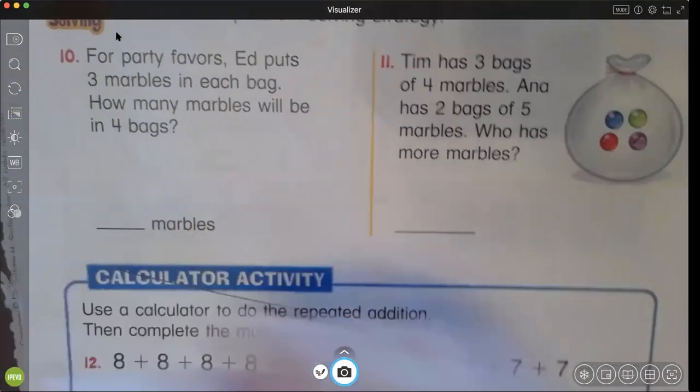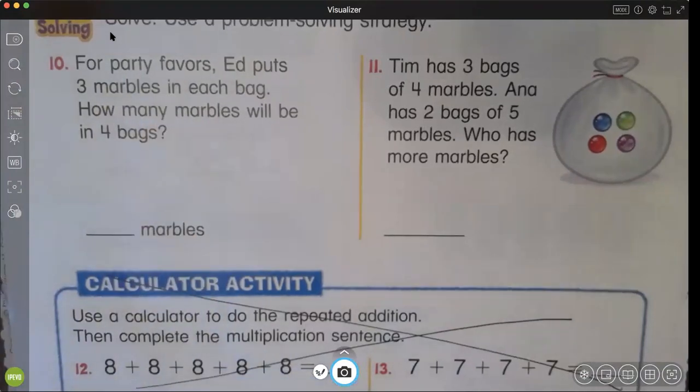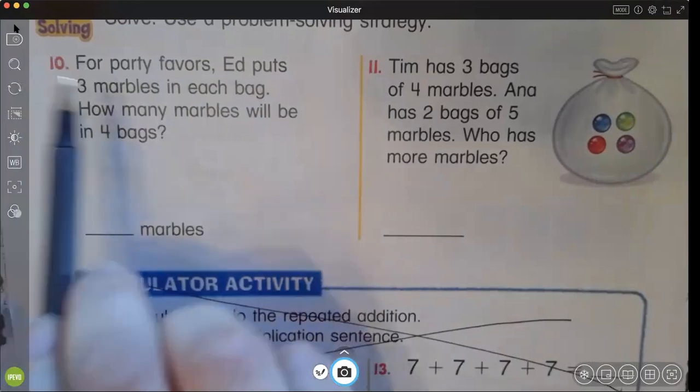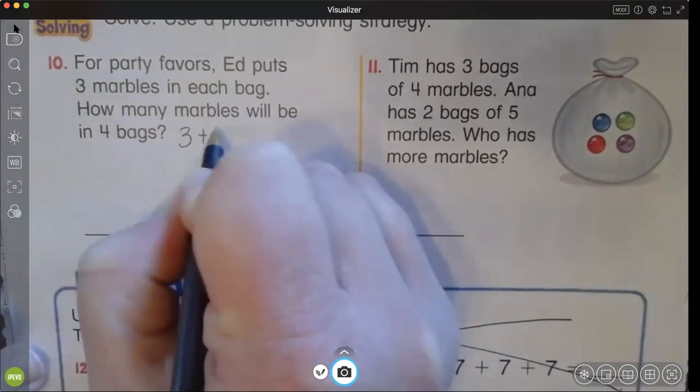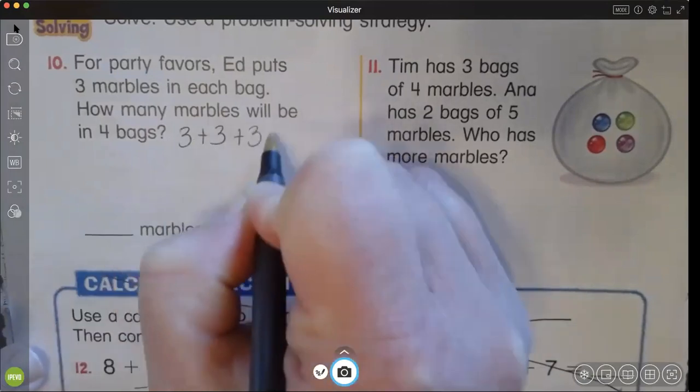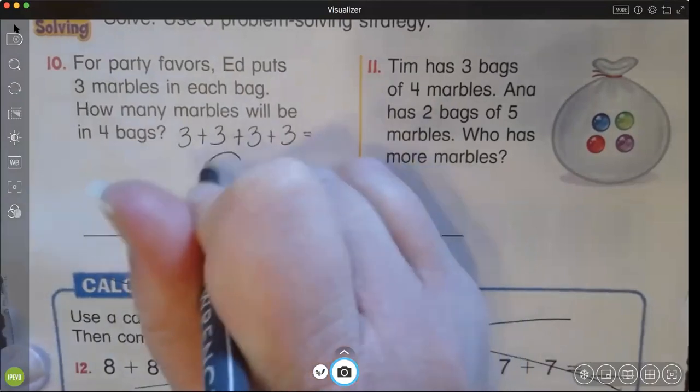All right, let's do these 2 word problems. We're going to skip this calculator activity. For party favors, Ed puts 3 marbles in each bag. How many marbles will be in 4 bags? So we have to do 3 plus 3 plus 3 4 times. We have 3 plus 3 plus 3 plus 3 equals, or we could do it this way.